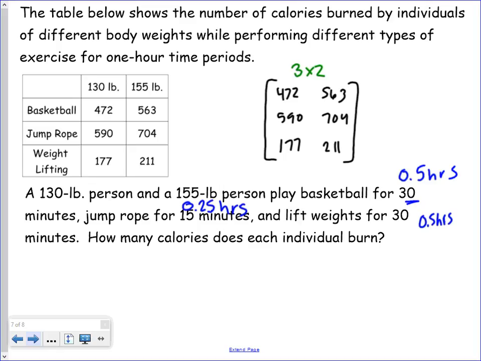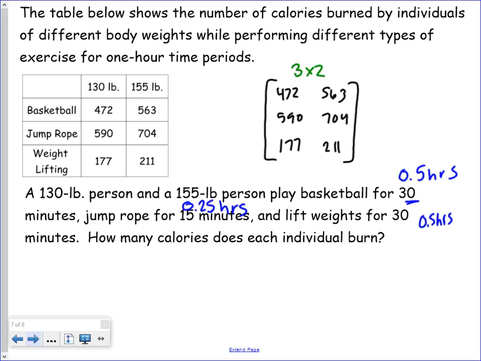A 1 by 3. Why 1 by 3? Because then you can multiply.